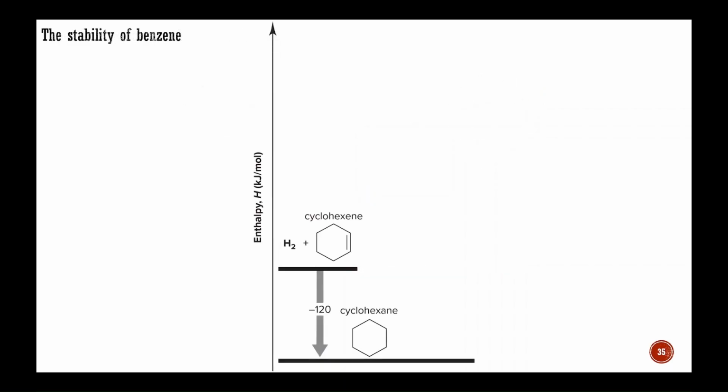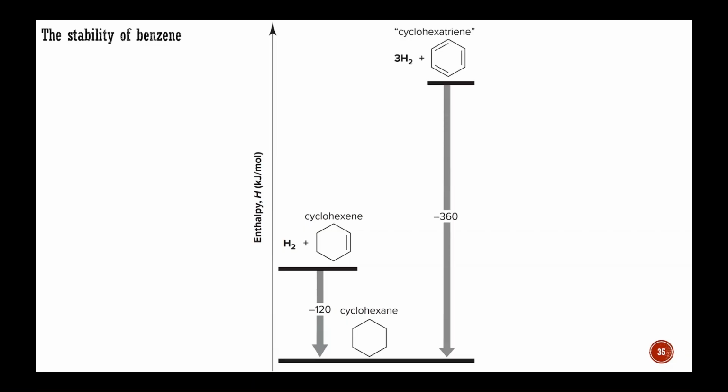For instance, let's compare the reaction energies for hydrogen addition. Hydrogenation of cyclohexene, which contains one carbon-carbon double bond, releases 120 kilojoules of energy per mole of substrate. For the hypothetical molecule cyclohexatriene, which has three localized carbon-carbon double bonds, the expected energy release from hydrogenation would be 3 times as much, or 360 kilojoules per mole.